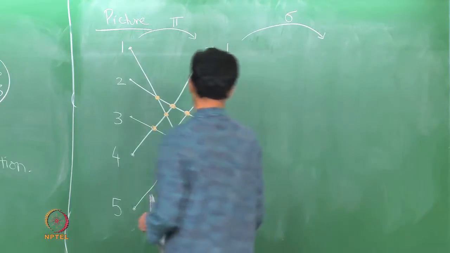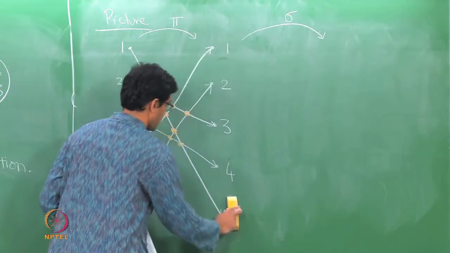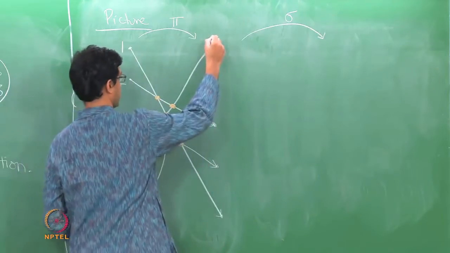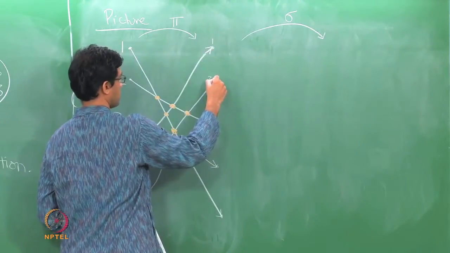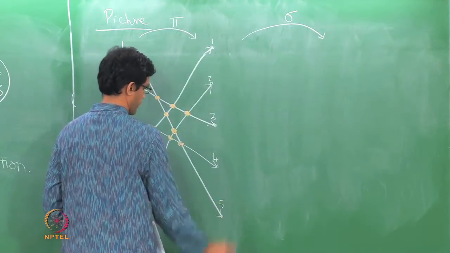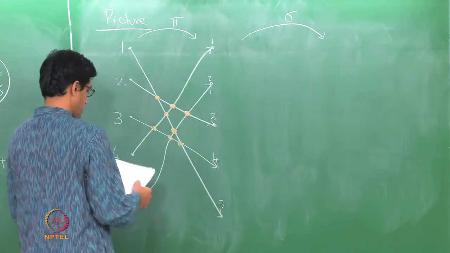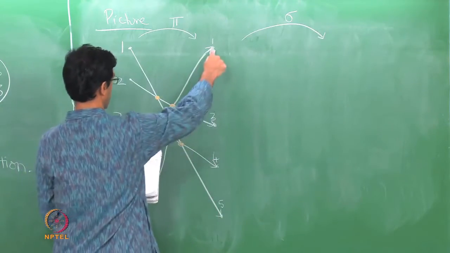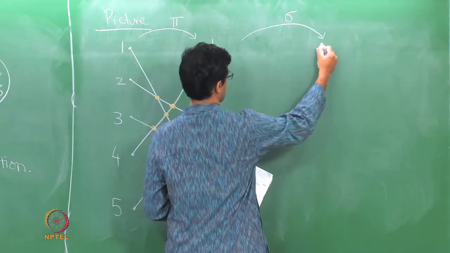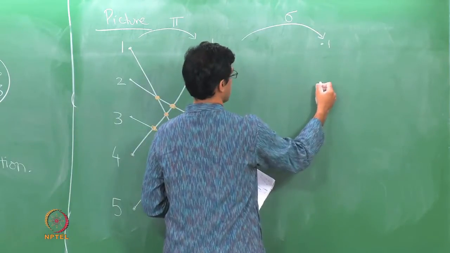Okay, so let us do this. Let me just write the numbers on top. So that is a 1, 2, 3, 4 and 5. So let us look at sigma. What does it do to the number 1? Well, sigma maps it to the number 2. So first let's again write down 1, 2, 3, 4, 5 on the other side.